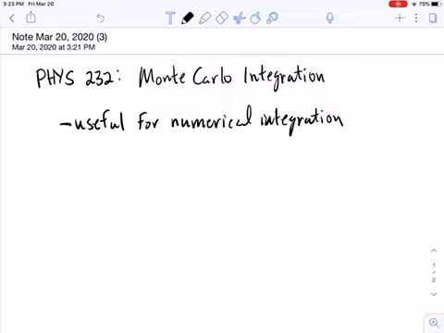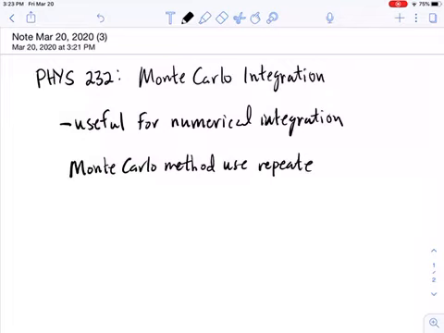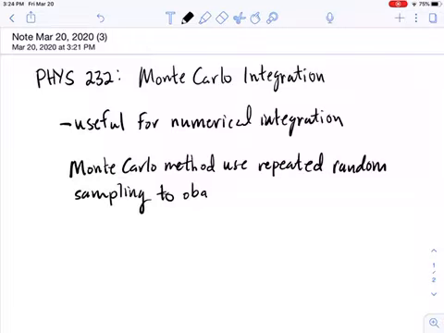So what the method does is the Monte Carlo method uses repeated random sampling to obtain numerical results.